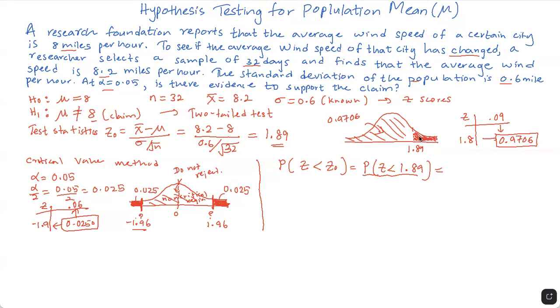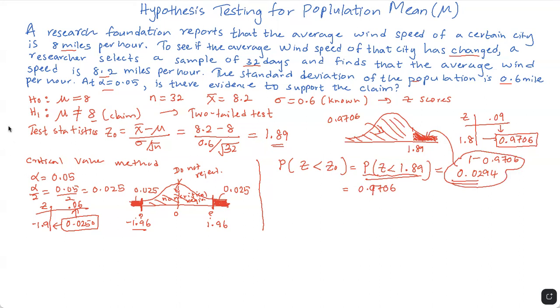So this tail can be found by 1 minus 0.9706, which is 0.0294. So this is the probability that z is greater than 1.89. This probability is this tail.